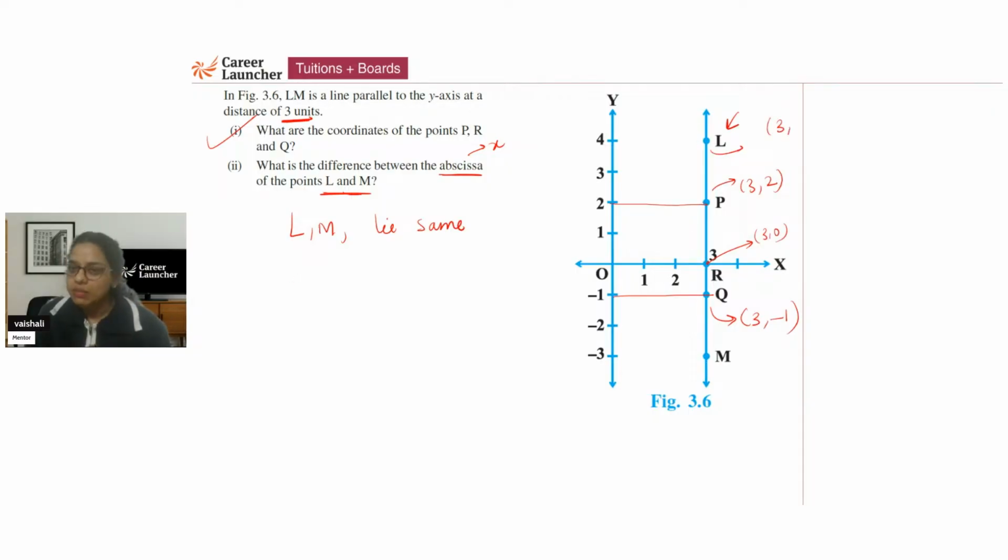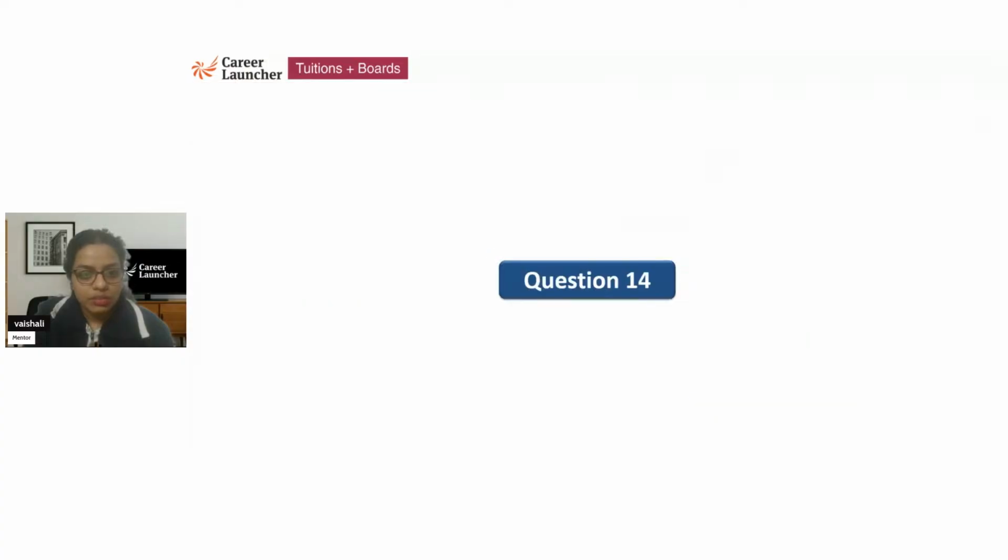The corresponding abscissa is 3 and y is 4. तो 3 में से अगर मैं 3 subtract कर दूँ, M क्या है? M is nothing but 3, -3. तो इन दोनों का difference तो 0 आएगा. So if particularly on the set of line, अगर मैं बोल देती हूँ difference क्या abscissa का, so it has to be nothing but 0. Now let's look into the next question. हमने दोनों parts कर लिए.